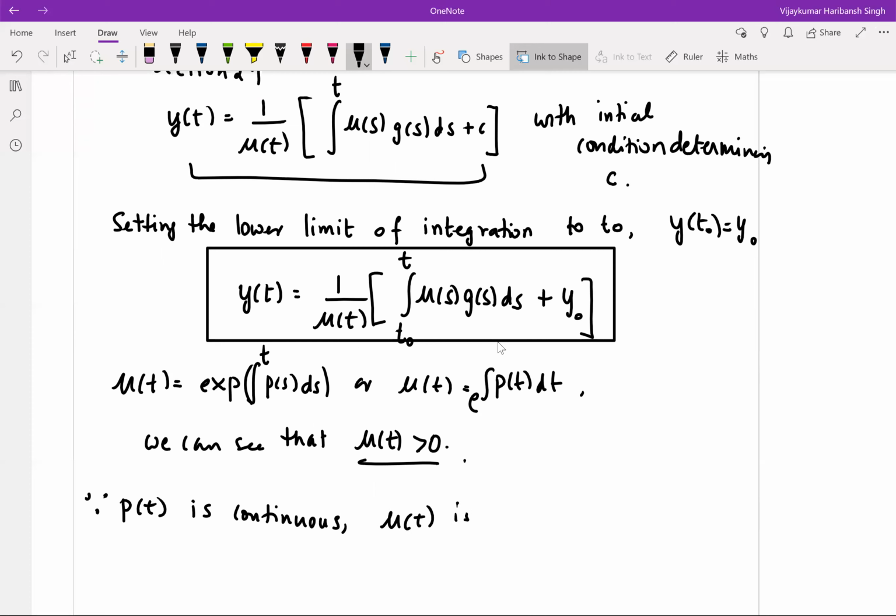So mu of t is differentiable. This follows from the fundamental theorem of calculus 1, right? So we can see that mu of t y prime exists, and this is equal to mu t g t, right? This was a part of the step from the integrating factors.